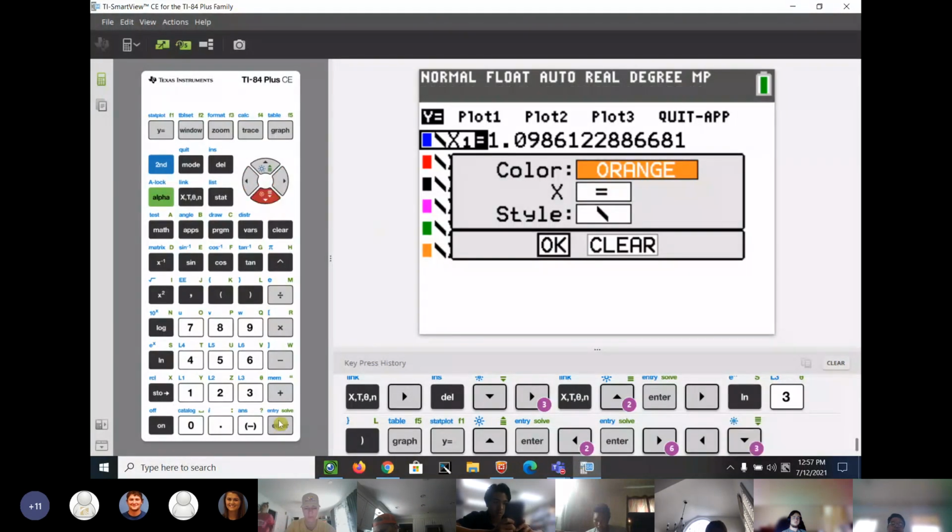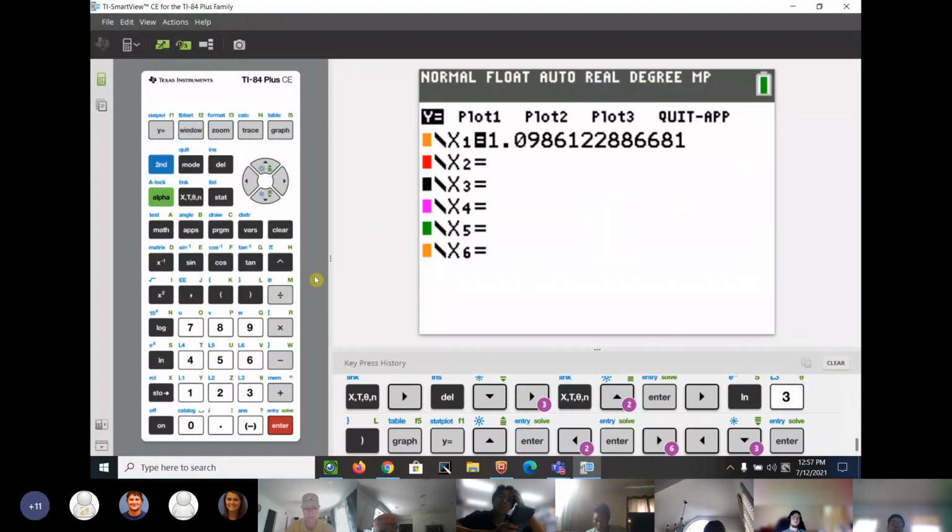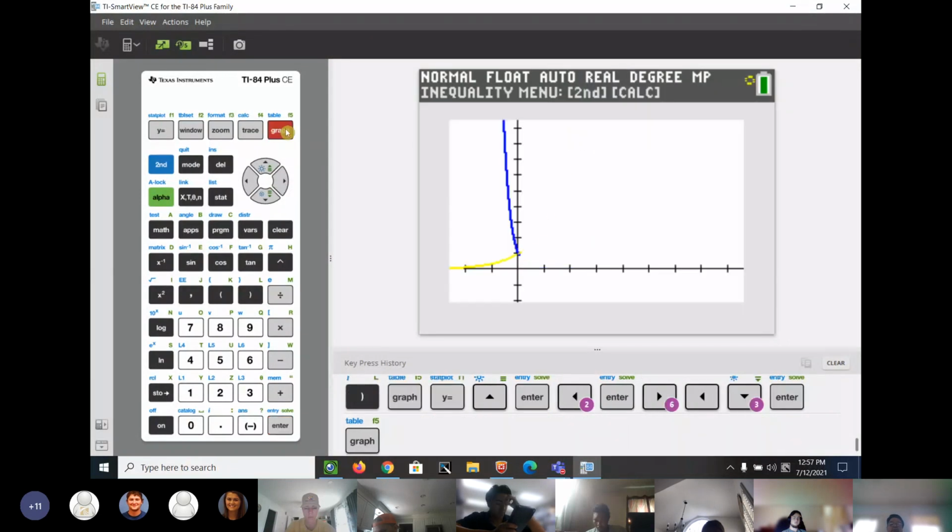You know how I am with colors. There we go. And they're wanting this area. Right there.